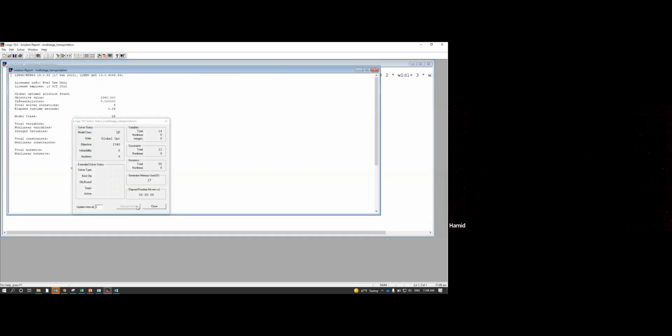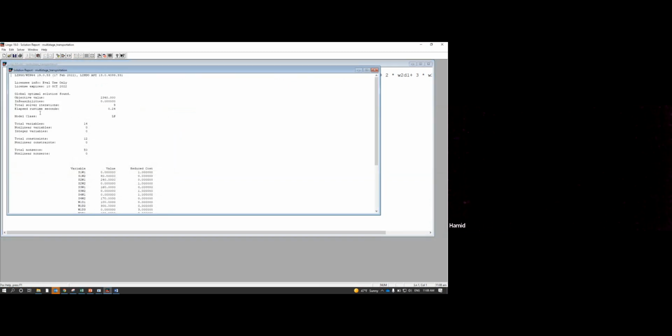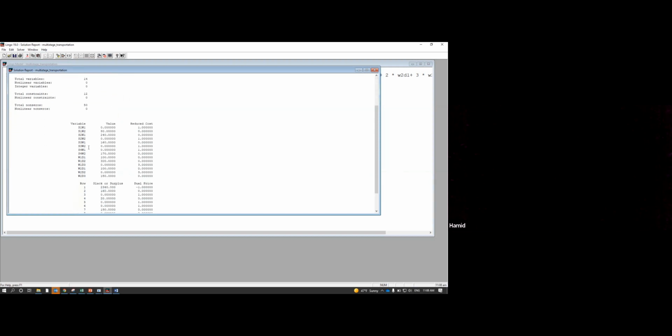Let's click on solve. The minimum cost is 223.40. As you see, for example, from supply point 1, which is Orlando, to Denver, we don't send anything. You don't have to, so the amount is 0.